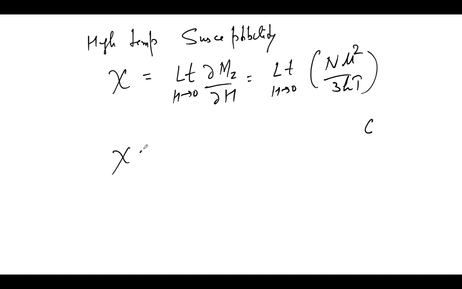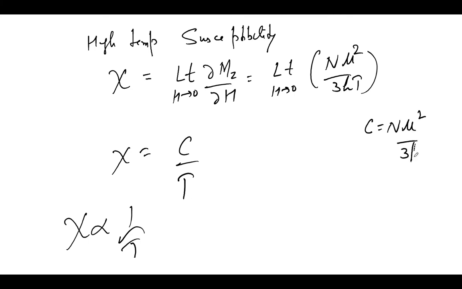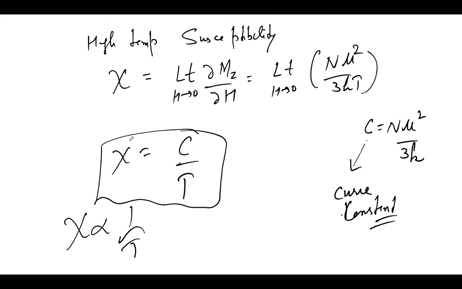So this chi value comes out to be C over T, so the susceptibility is inversely proportional to temperature, and this C is equal to n mu square over 3k. Here n is the number of identical dipoles which are present, and this C is known as the Curie constant. So this chi, which is C over T, is the famous Curie law of paramagnetism.